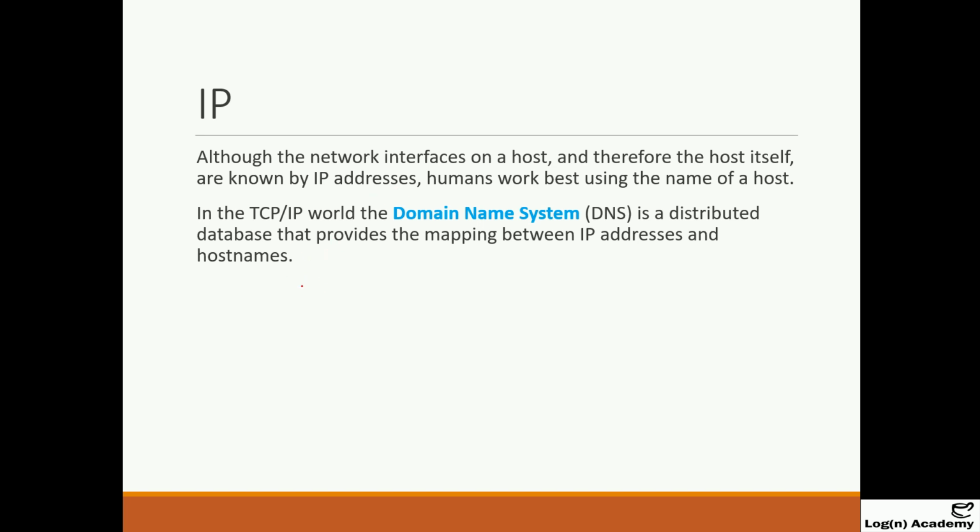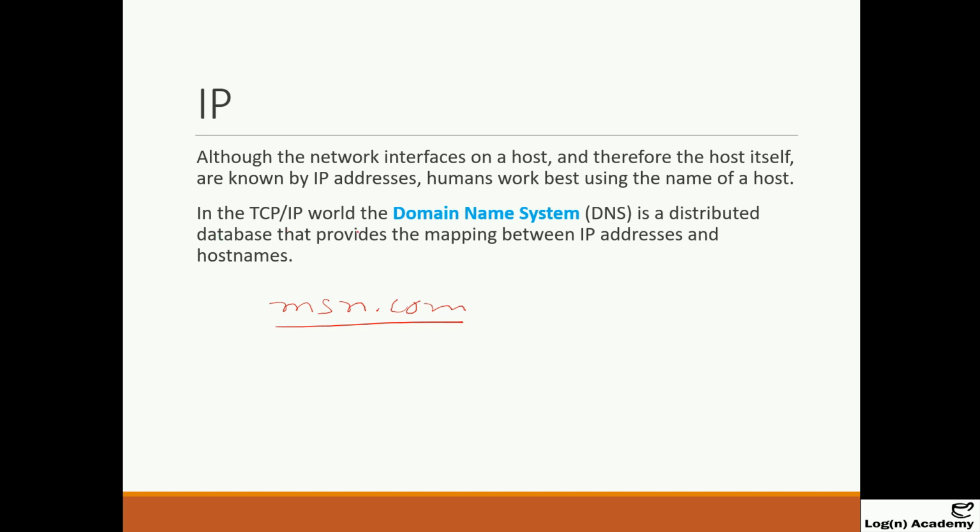Host names are English names which we can understand and remember. For example, msn.com is a host name. There will be some IP address mapped to this name, since internally it's all numbers that travel on the network.